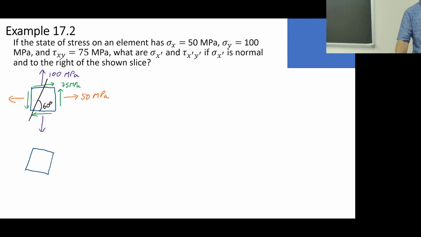So here's what the element looks like. We've gone down 30 degrees, and we're coming out of the sigma x prime like that. The element also has a sigma y prime coming out the top, and it has a tau x prime y prime as shown as well.